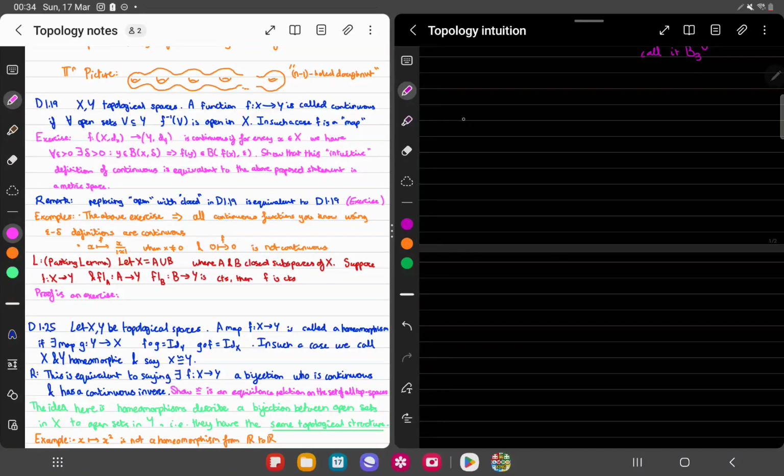So the idea is take V, a subset of Y, and we say it's closed. I'm using the remark here that I can replace the word open with closed.